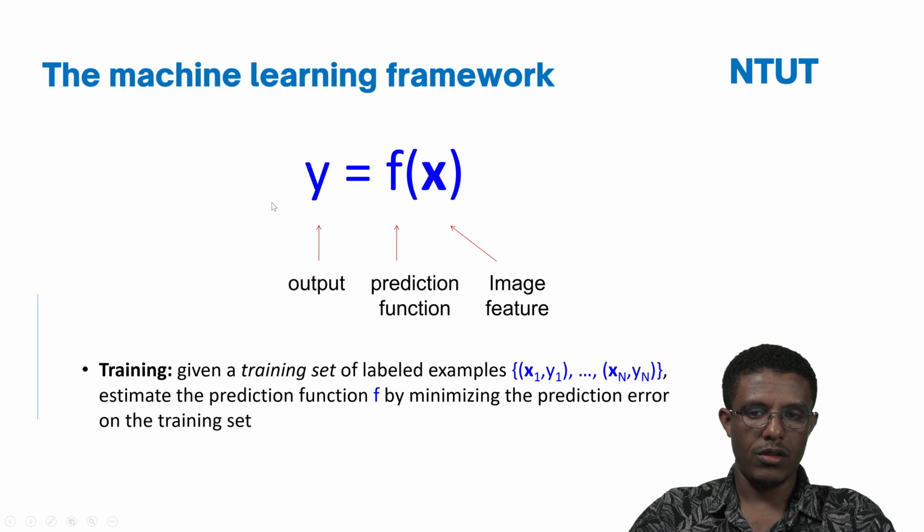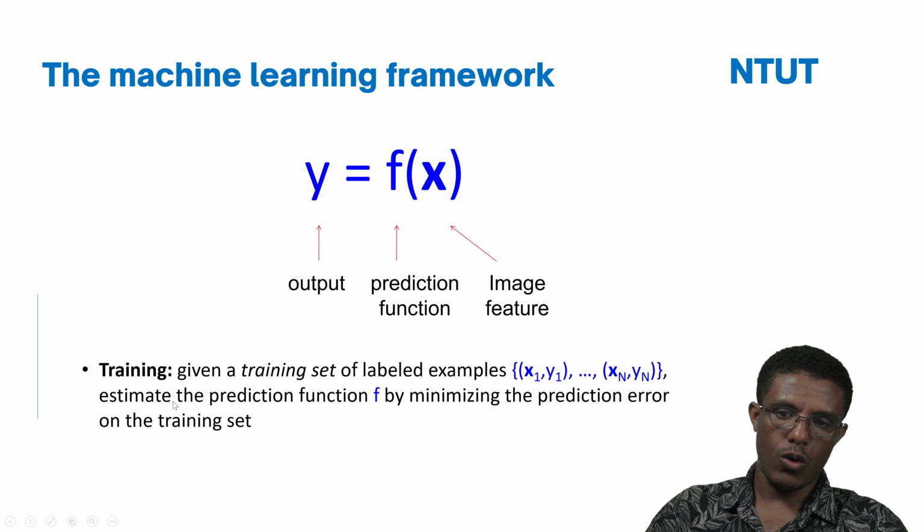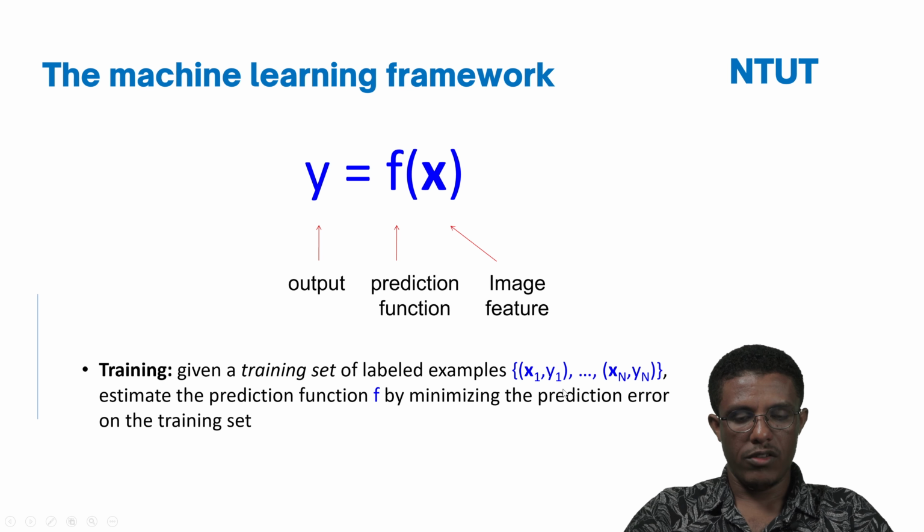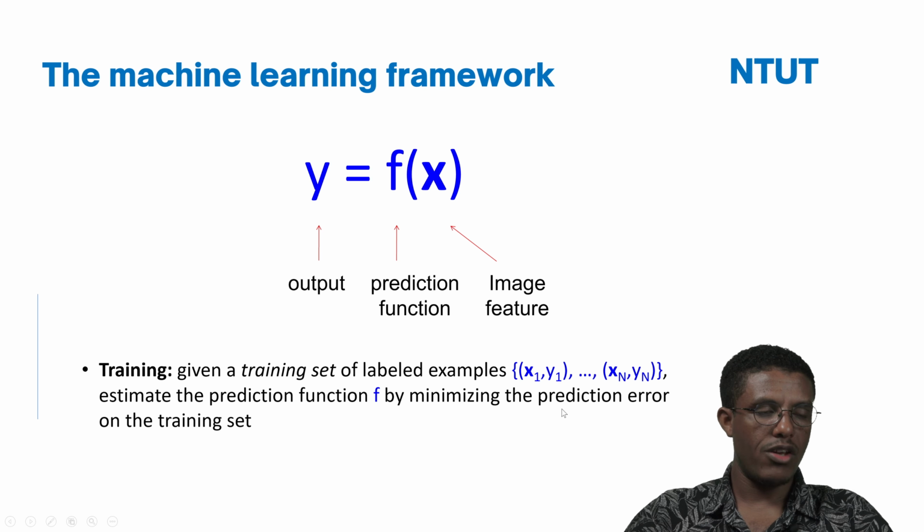That means when we give x to the model, the prediction function, the model is expected to predict the result y1. So given this type of labeled examples, estimate the prediction function f by minimizing the prediction error on the training set.